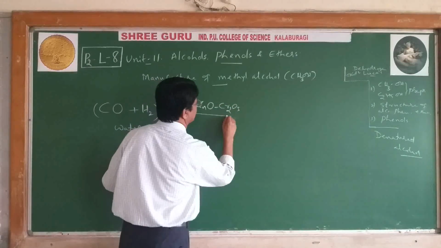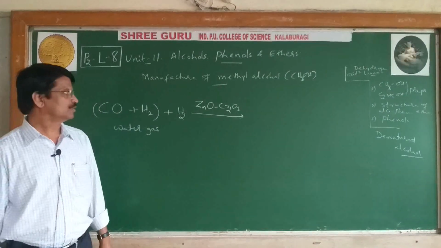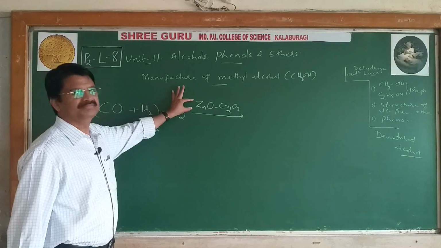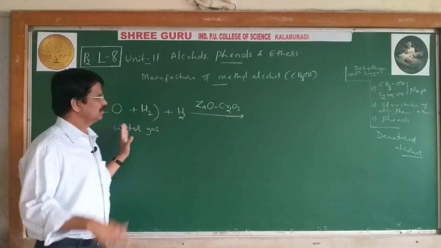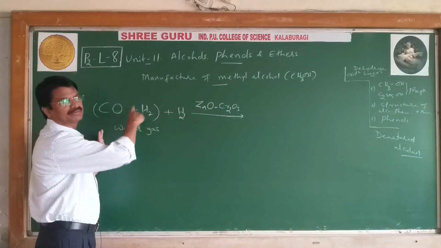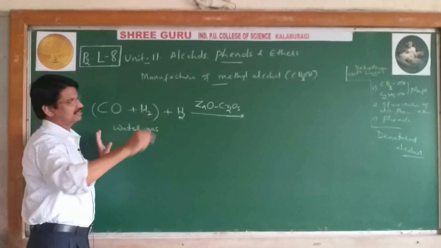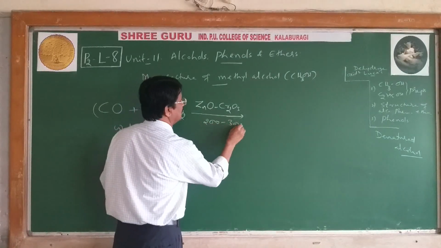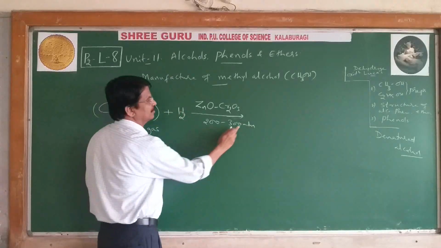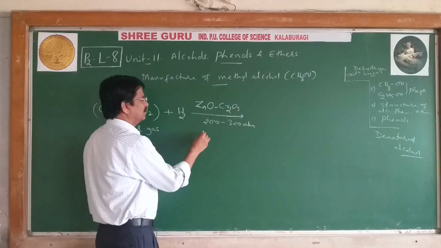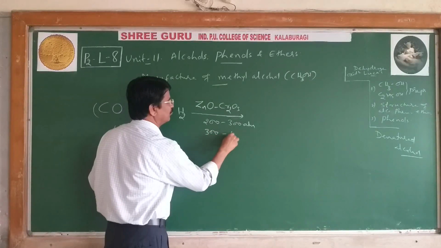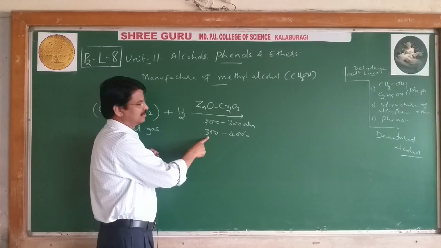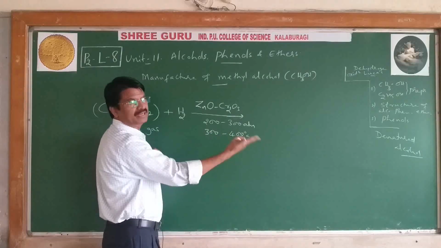The catalyst is ZnO Cr2O3, zinc oxide and chromium trioxide. This mixture is used as a catalyst to convert water gas into methanol, at a pressure of 200 to 300 atmospheres and a temperature of 300 to 400 degrees Celsius, or 573 to 673 Kelvin.